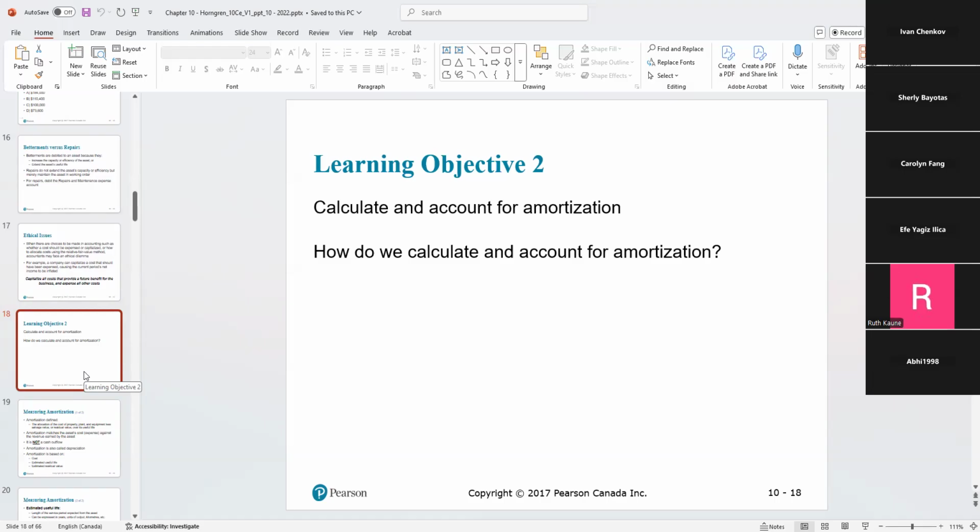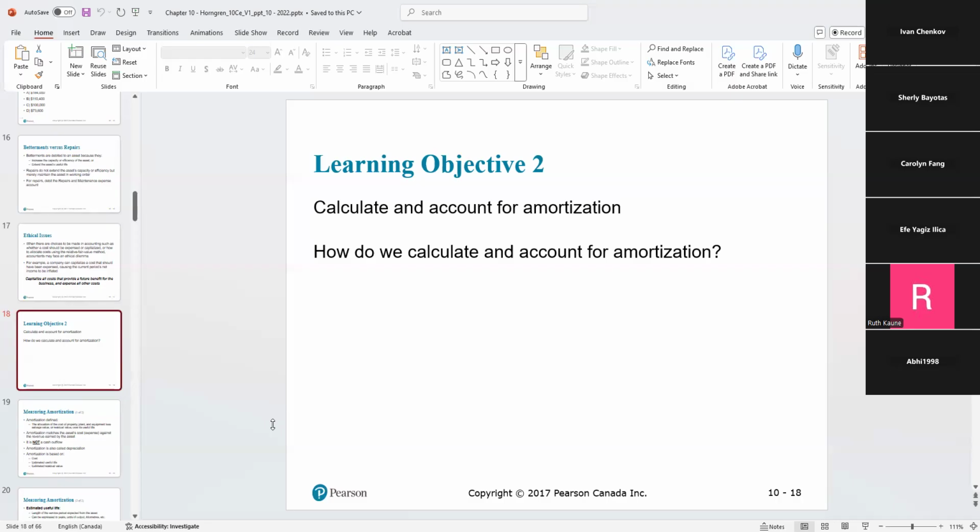Let's say you're buying a laptop. The question is, are you going to use the laptop now? Well, that's the whole idea, right? Otherwise, why would I buy the asset? I need the asset in order to operate.